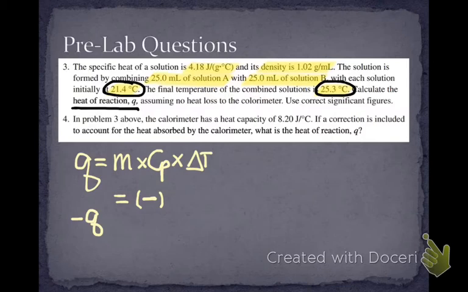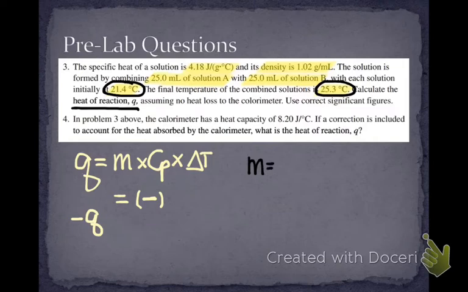So you're going to take 25.3 and subtract 21.4 and plug that in. Now, one thing that's different in this problem that we didn't really do before, we always assumed the density was just 1, but they're telling us the density is 1.02. So we need to determine the mass using that density.